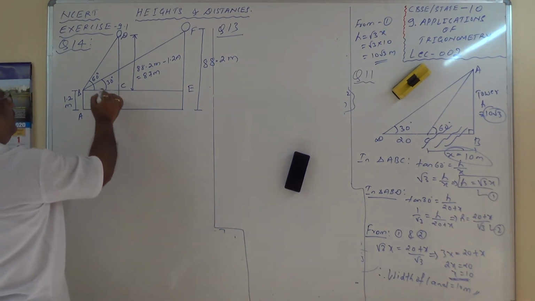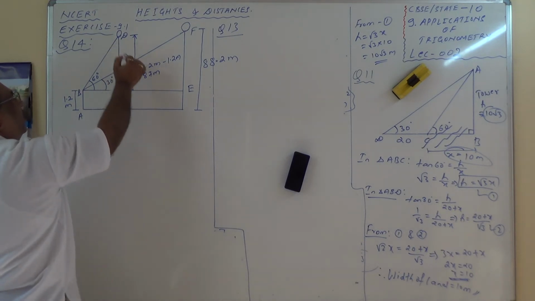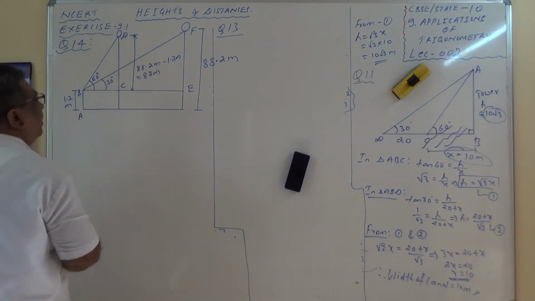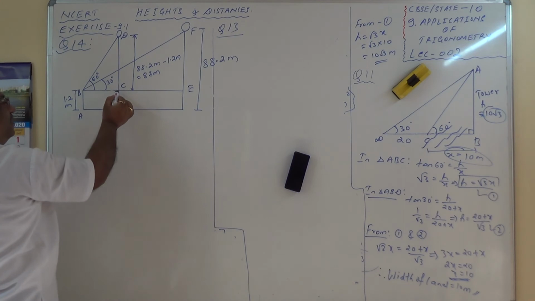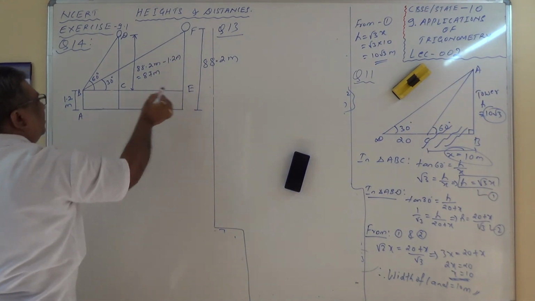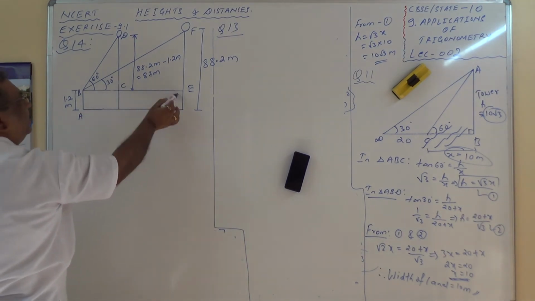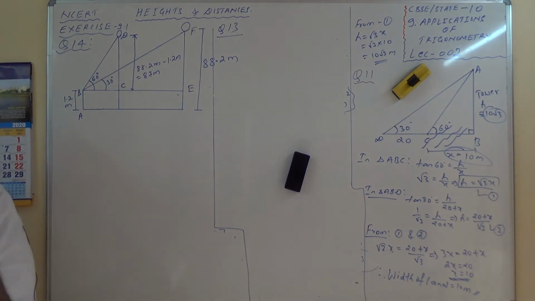So CD is 87 meter. If I know one side, I can calculate BC. If I know one side, 87 meter, I can calculate BE. BE minus BC gives CE, the distance between the two balloons, or the distance traveled by the balloon in a particular time.